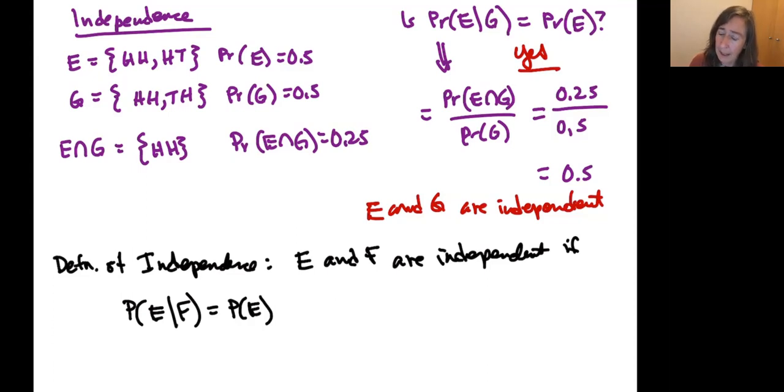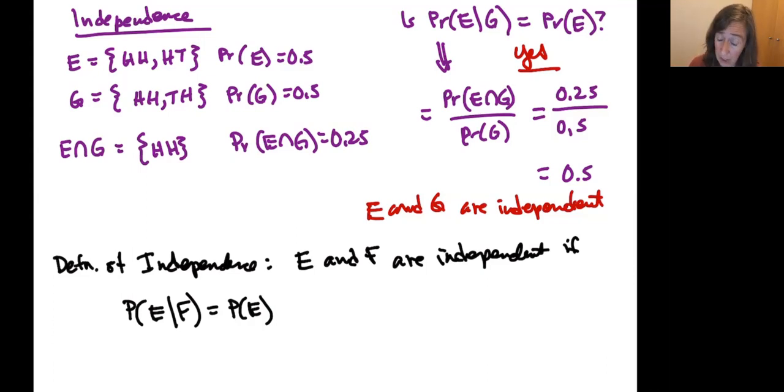The other thing I want to say about independence has a little more of a concrete punchline to it. When, but only when, big emphasis here, E and F are independent, then we can calculate the probability of the intersection by multiplying the probabilities.